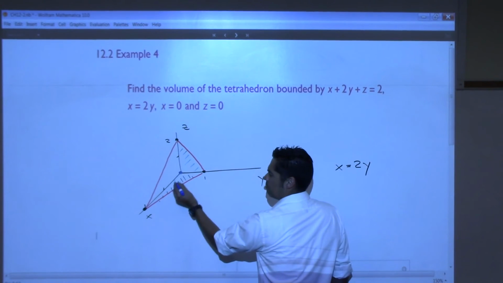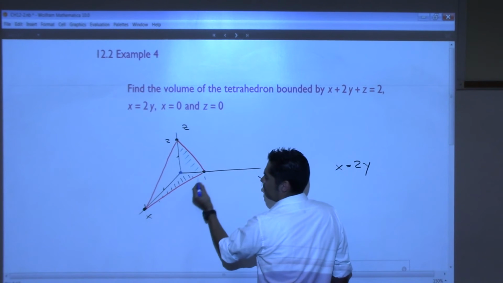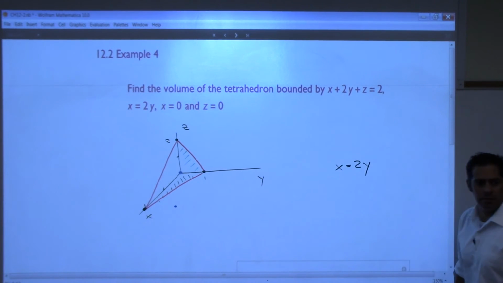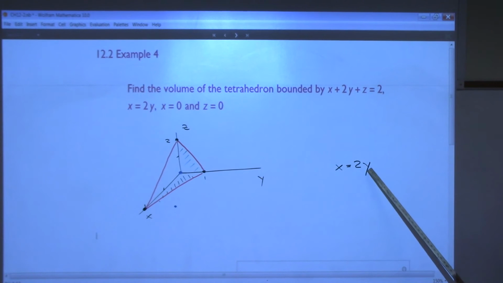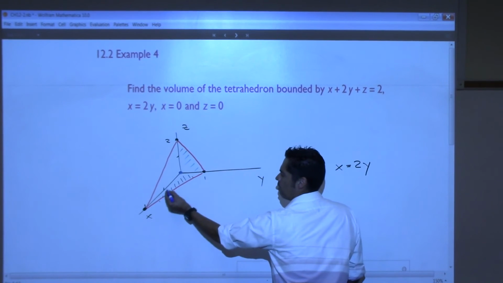Y is 1, I think somewhere around here, right? Do y'all agree? 1/2 and 1 would have worked. I'm sorry, no. 1 and 1/2 would have worked. Right? That would have been 1 and 1/2.